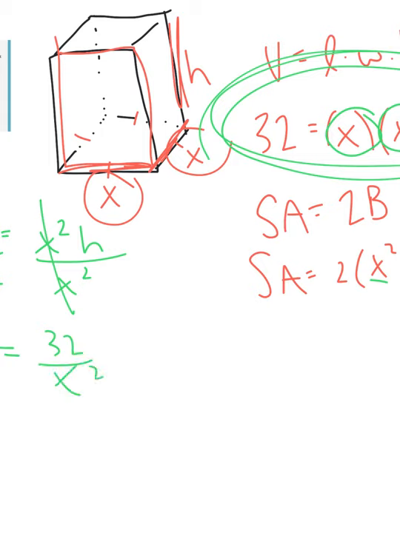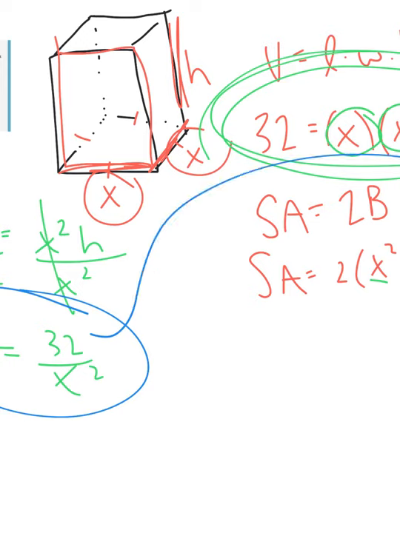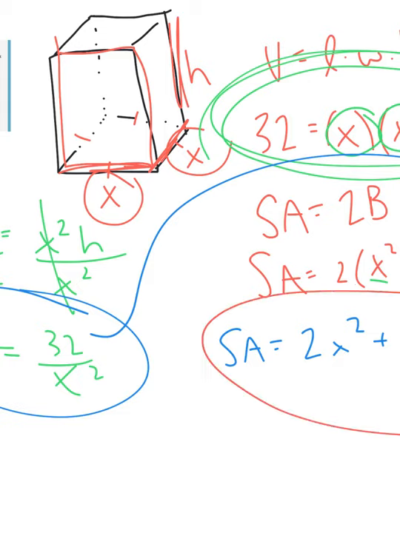So I can then take this and substitute it right in for H. So my new formula will be surface area is equal to 2X squared plus 4 times X times 32 over X squared. Now if you want, you can simplify the X with the square. You don't have to.